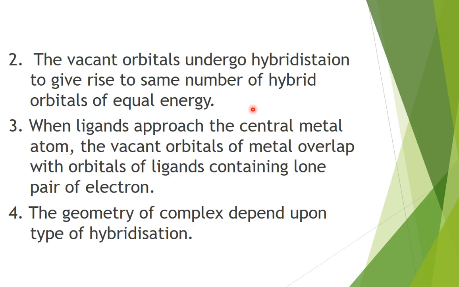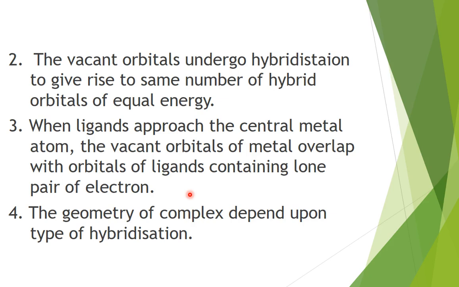Why do they undergo hybridization? Because these orbitals must be of different types. Those may be s, p or d type. So these must undergo hybridization. When ligands approach the central metal atom, the vacant orbitals of the metal overlap with the orbitals of ligands containing lone pair of electrons.